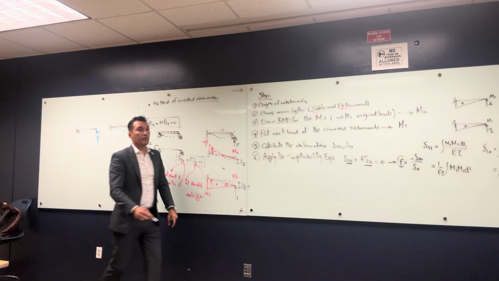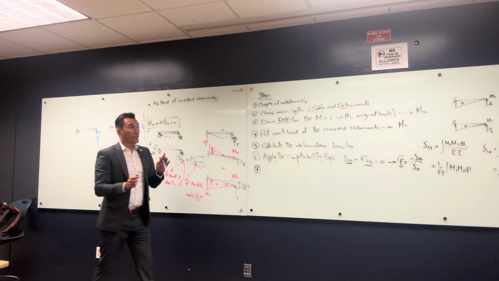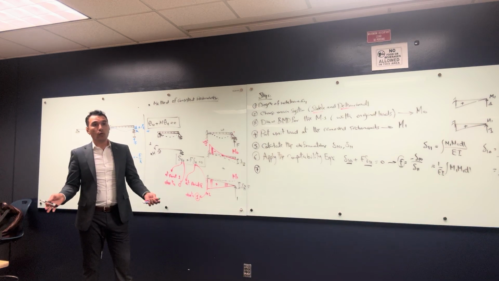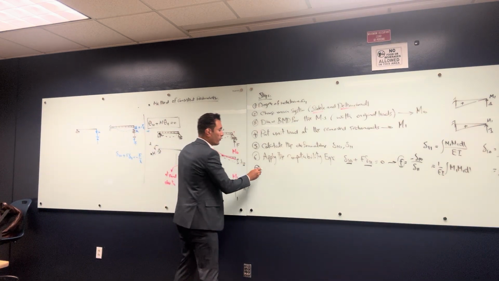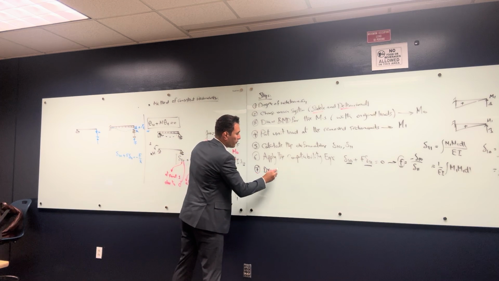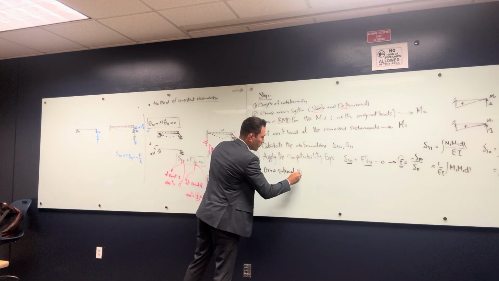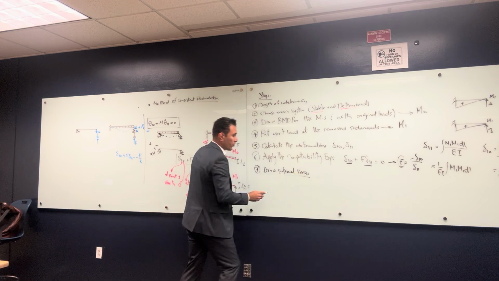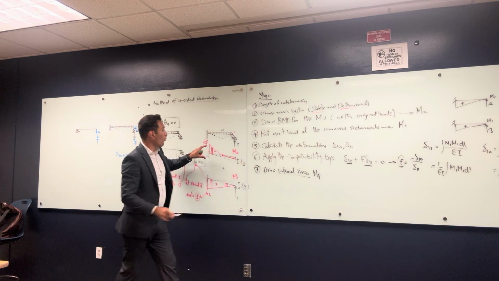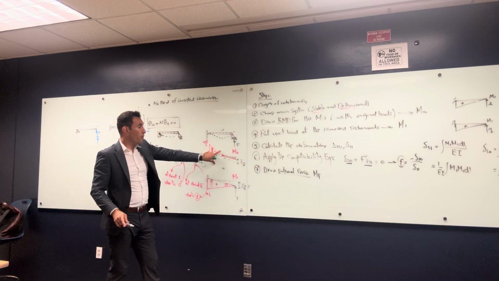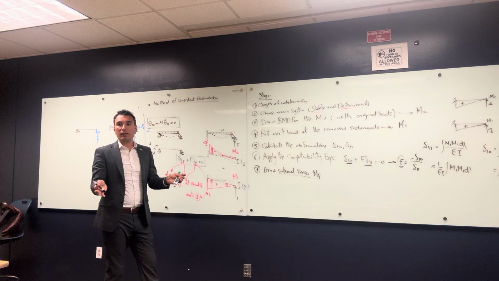Okay, number 7, because this is one of the questions that I'm going to ask you. Once you get the reaction, I want you to draw the bending moment diagram or the shear force diagram. So draw internal forces. The final internal forces: we have a bending moment from the original system and from the virtual system. But what is the final bending moment of the beam?